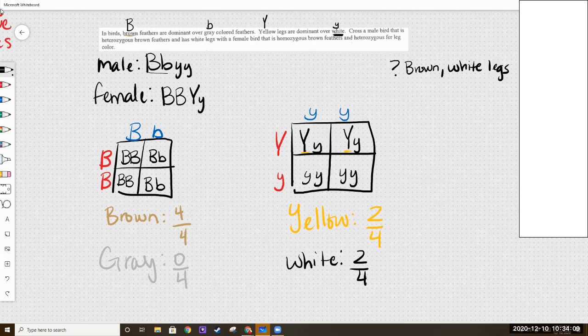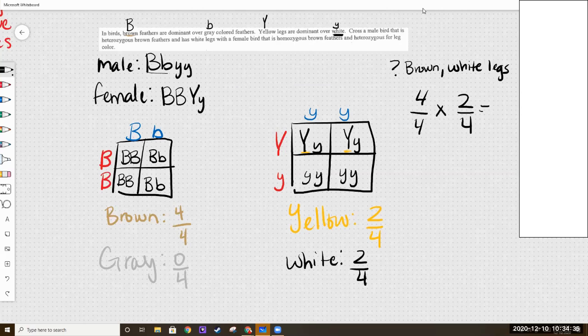All right, so now that we have this, my question was how many are brown with white legs? If we look at the fraction, brown is 4 over 4. And then white legs, little y, is 2 out of 4.